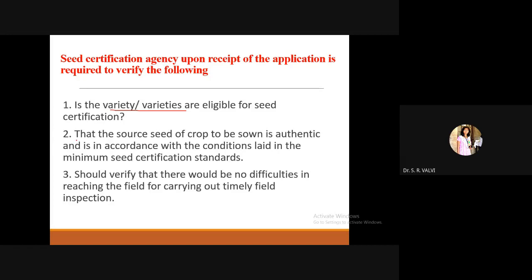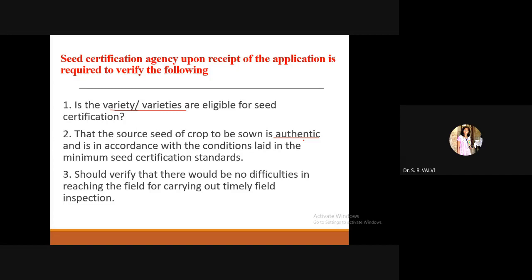Then second, that the source seed of the crop to be sown is authentic and is in accordance with the condition laid down in the minimum seed certification standards. The seed should be authentic, meaning it should be purchased from the seed certification agency or that particular institute.